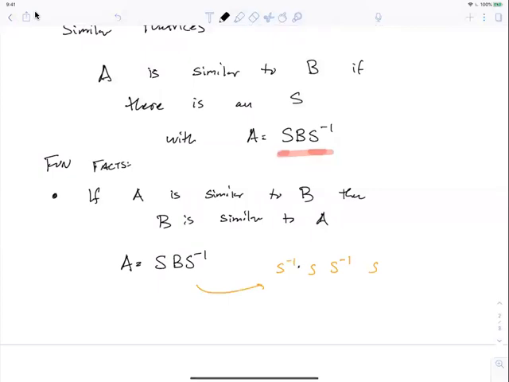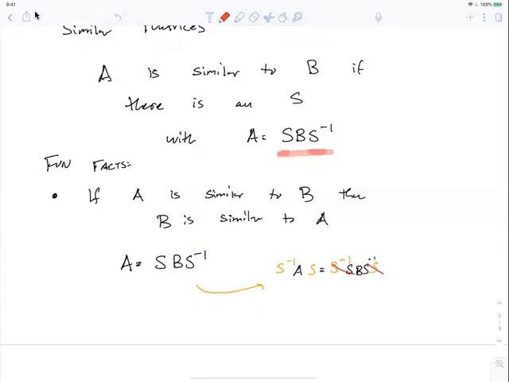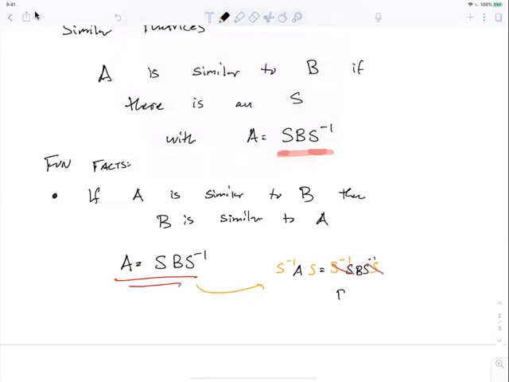So we multiply A equals S inverse S B S inverse S, and now those S inverses on the right are going to cancel. So if A is similar to B, then you get a relationship that says B is equal to S inverse A S.